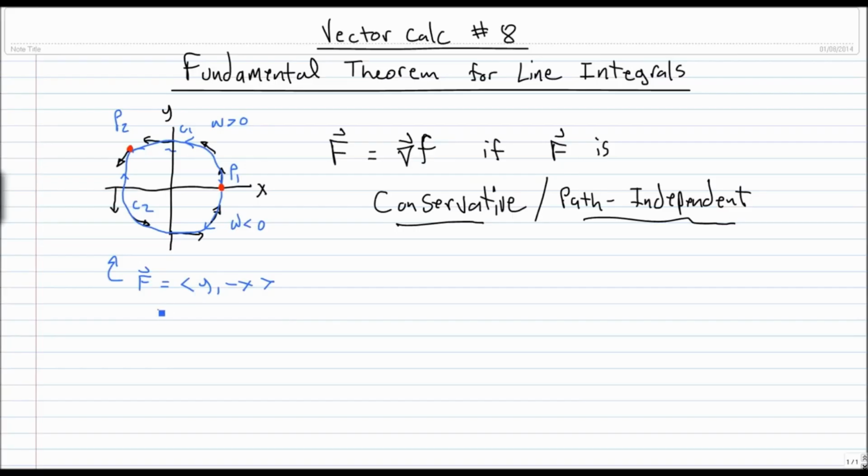So this tells us that this example here is not conservative, which means that this vector field F is not the gradient field of some other function.